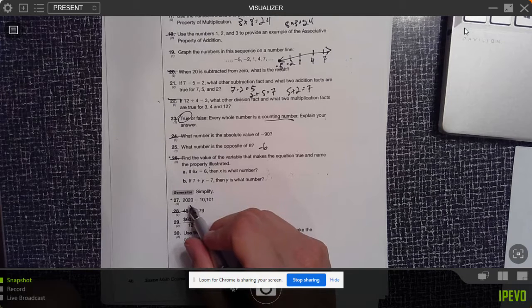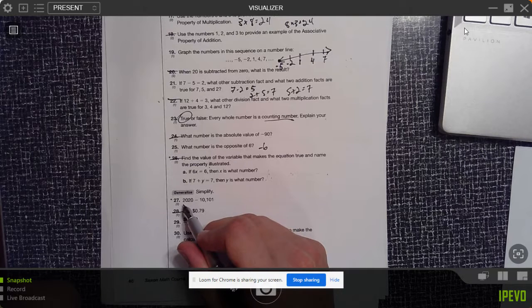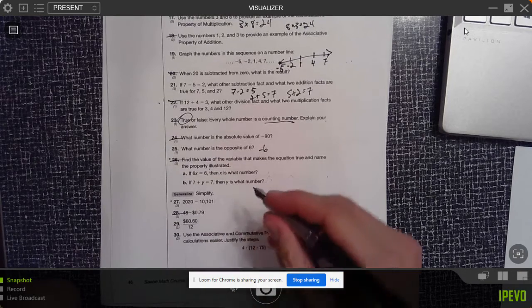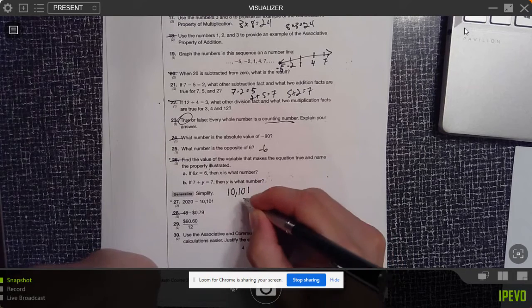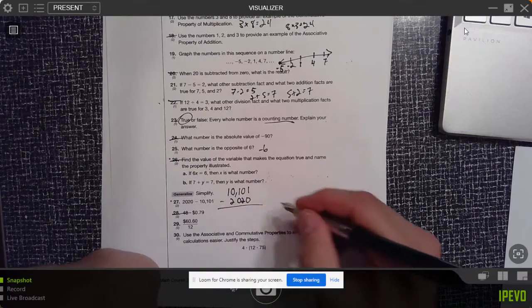Now, when we go negative, it's really important, don't try to take 2020 away from 10,101 because they're not commutative. So instead, what we have to do is put the bigger number on top and the smaller number on the bottom, okay?